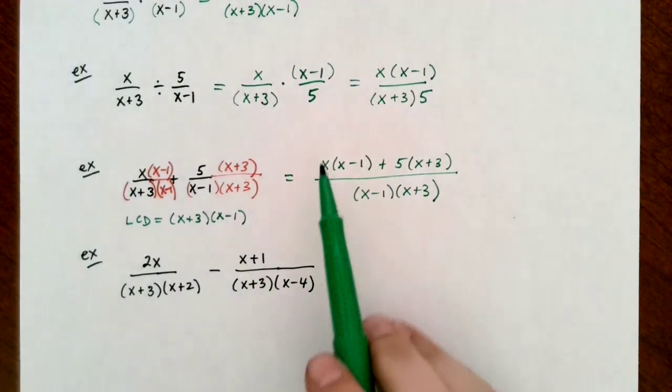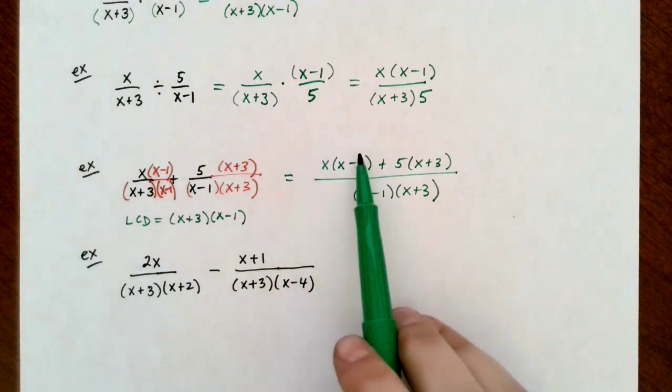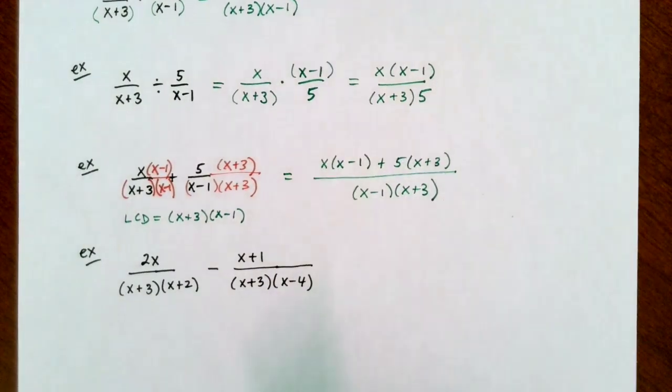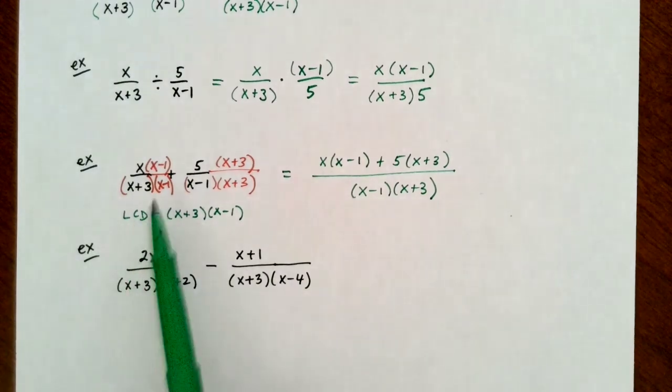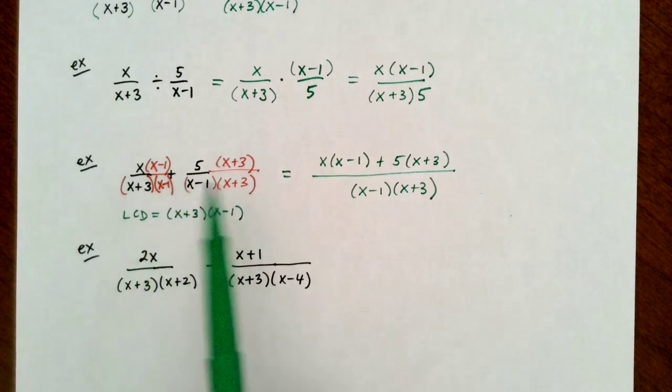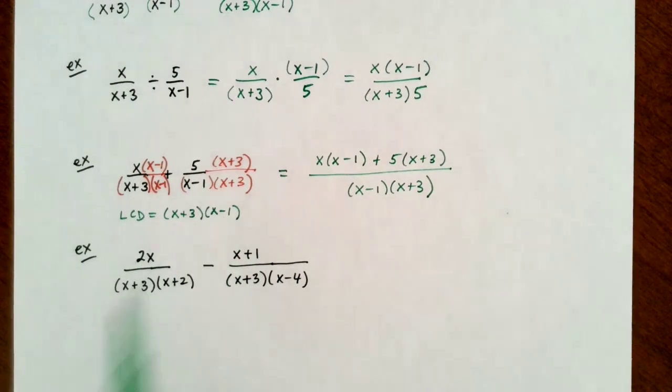If you wanted to keep going, you would distribute this x into the parentheses, same with the 5, and then combine any like terms. In general, in the simpler cases, the least common denominator is just the product of the two denominators present, like we saw here. That's kind of the default position.